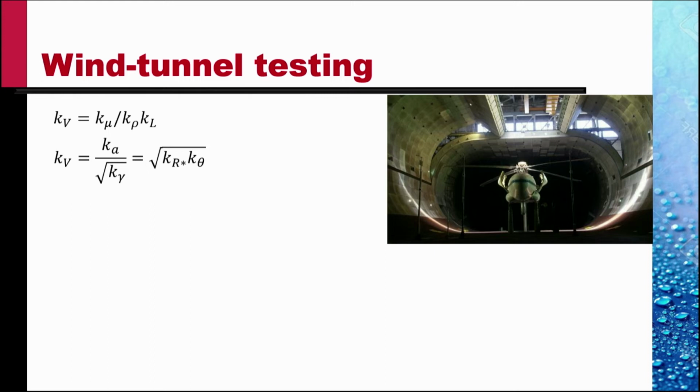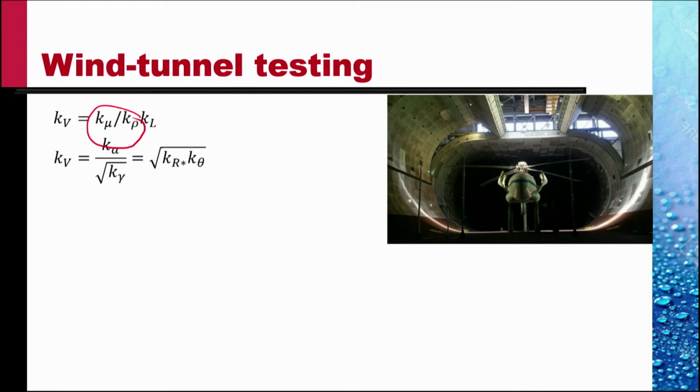And if Kv is 1, then the first relation dictates that Kl must be 1. So this rules out the possibility of testing a scaled model in the wind tunnel using the normal atmospheric air. Is there a way out? Yes, there is a way out if we could modify K mu divided by K rho.